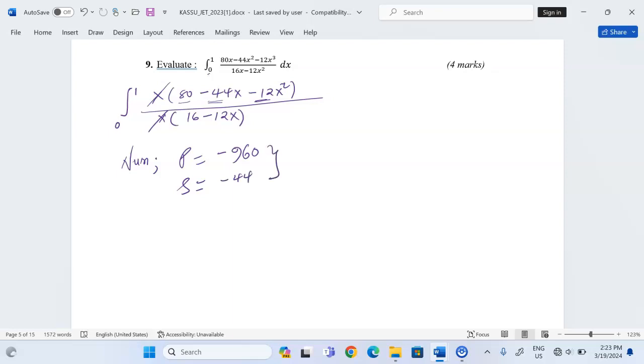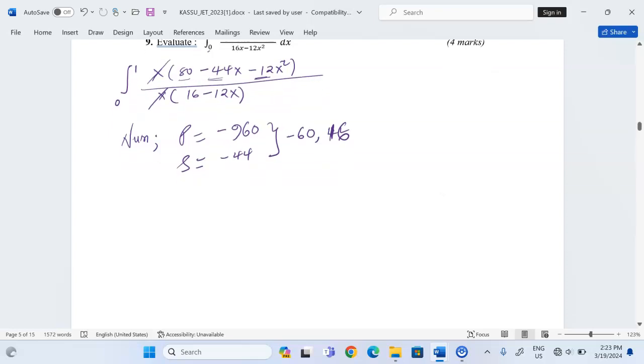So these factors are going to be −60 and positive 16. When you add 16 to −60, we get −44, and when you multiply the two, we get −960.